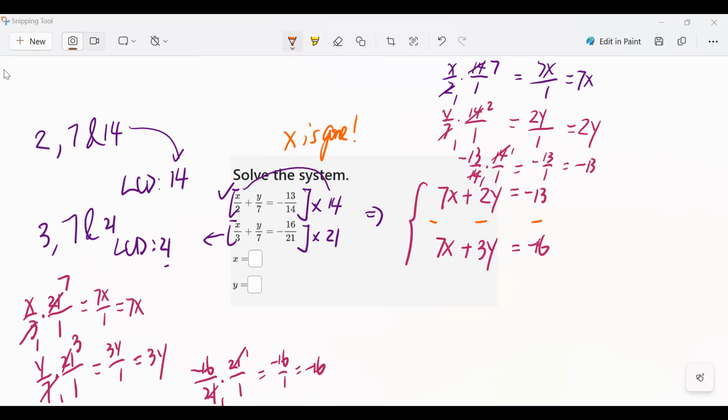And then 2y minus 3y is minus 1y. And negative 13 minus negative 16 is plus 3. So negative y equals positive 3.